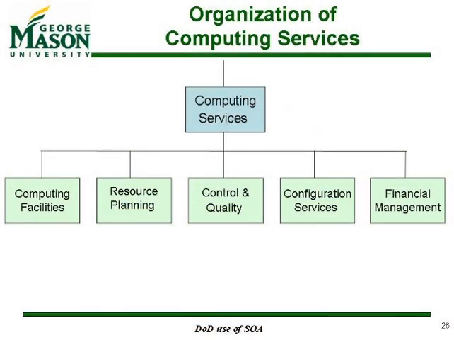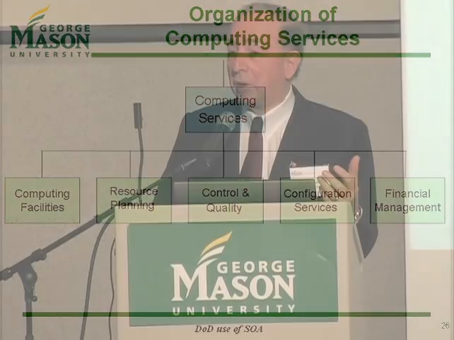Next, just in case you thought this was easy, let me make things more difficult. Computing services: you must have computing services, data centers, resource planning, quality control, configuration, and financial management. You have to create a utility.